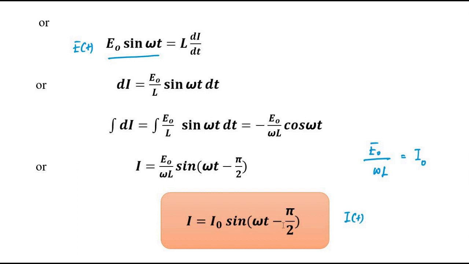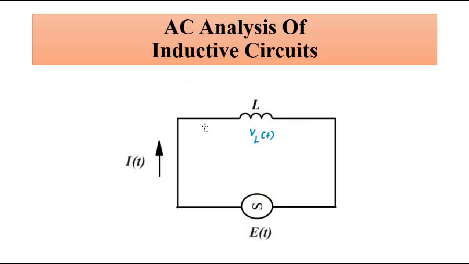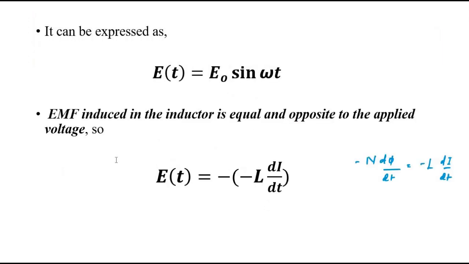So in purely inductive circuits, the circuit current lags behind the applied voltage E(t), because E(t) is equal to VL(t) in terms of magnitude.